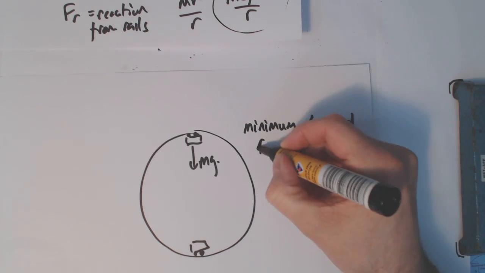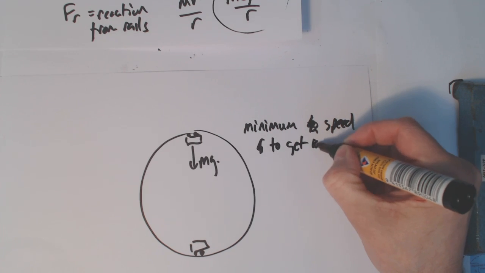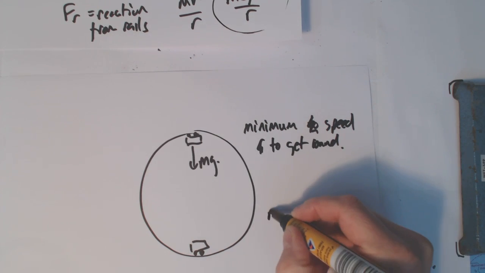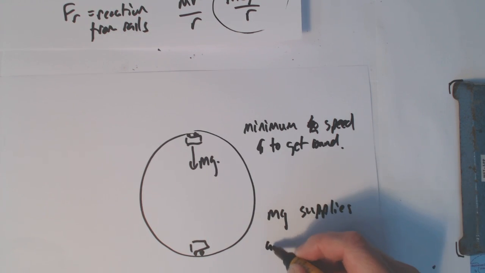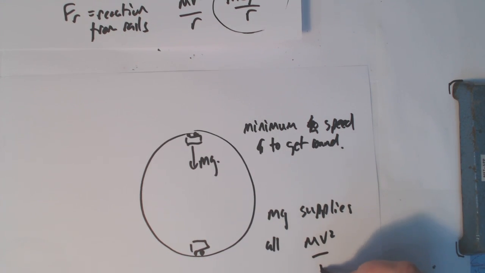The minimum speed to get round is when mg supplies all the centripetal force. So at that speed, you'll still get round, you still won't fall down. Mg will be supplying all your centripetal force.